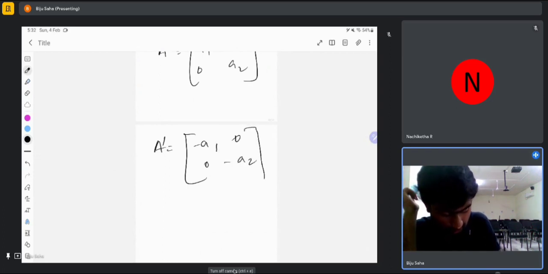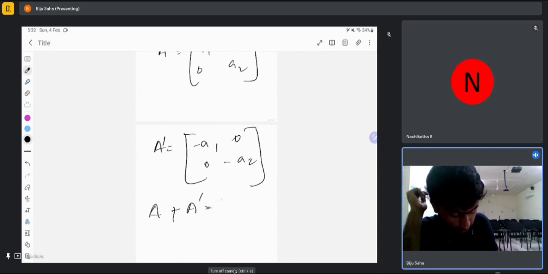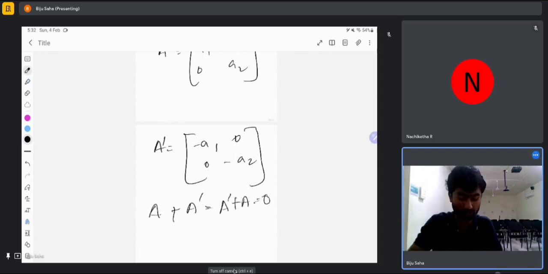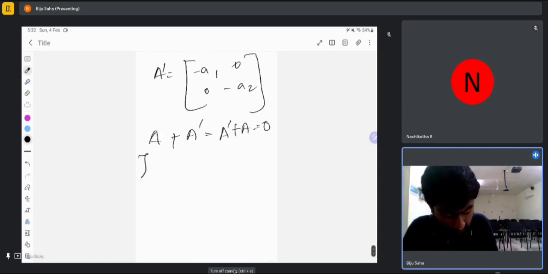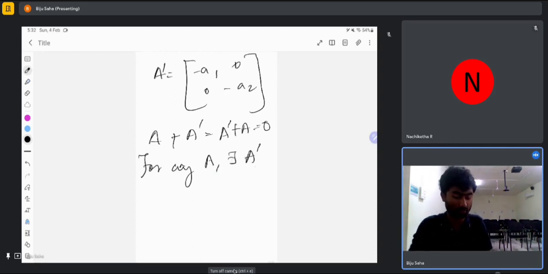That is again a diagonal matrix. Now if you perform a vector addition of both of them, we expect to get back the identity element O itself. So for any A, there exists a negative A, whose components are the negatives of the original matrix, and that also belongs to W. So there exists an inverse.